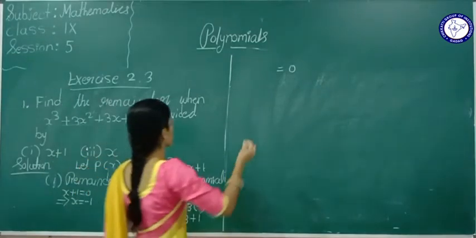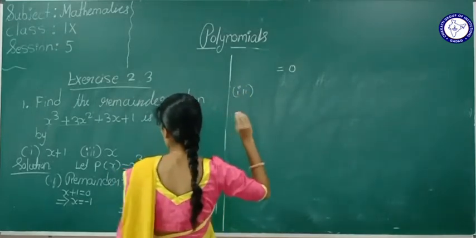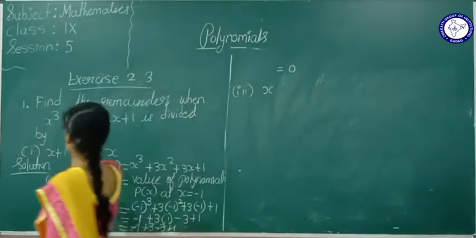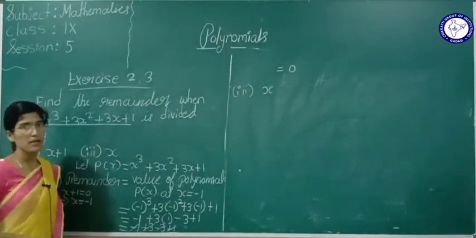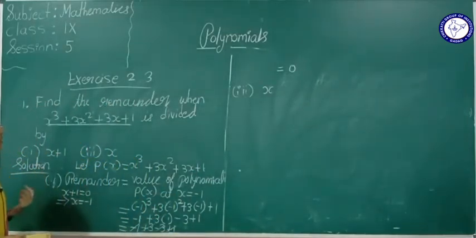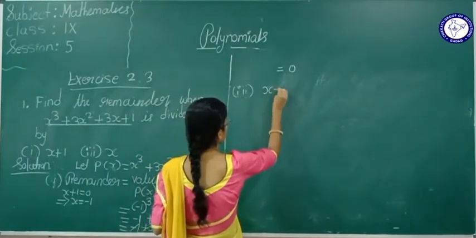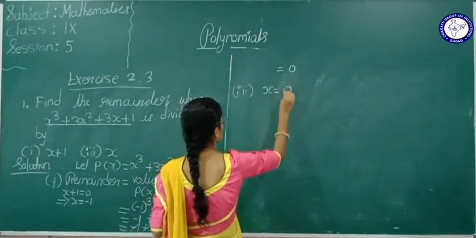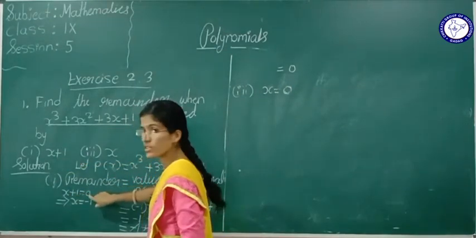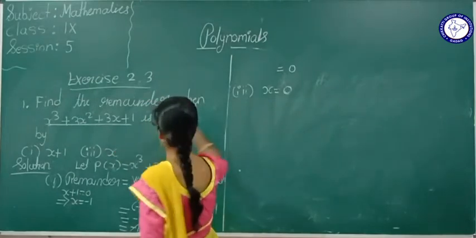Now we will see the third one. Third one, what have they given? We have to divide this polynomial by x and see what value we are going to get. So what we will do, equate this divisor with 0. How we equated the first divisor with 0, the same thing in the third question, equate this divisor with 0.